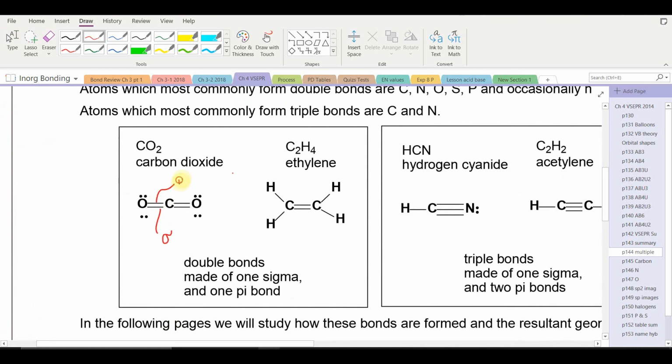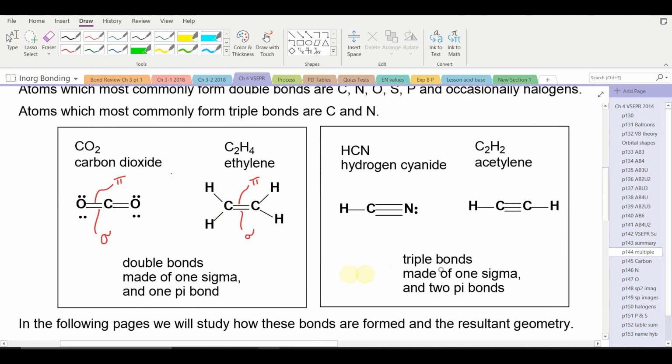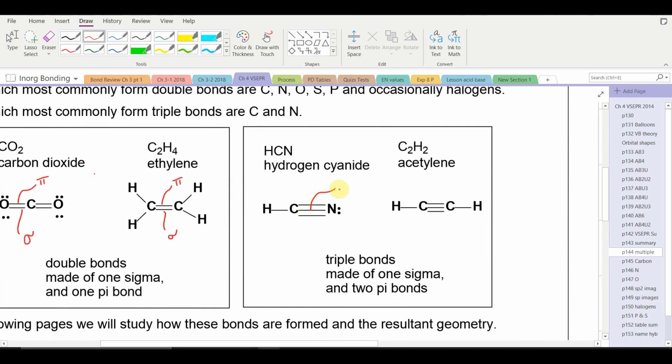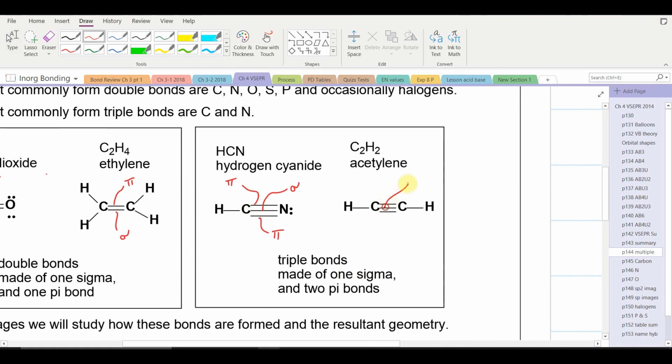This diagram doesn't show which is which. A triple bond is made of 1 sigma bond and 2 pi bonds. And you'll appreciate the difference on the next page.